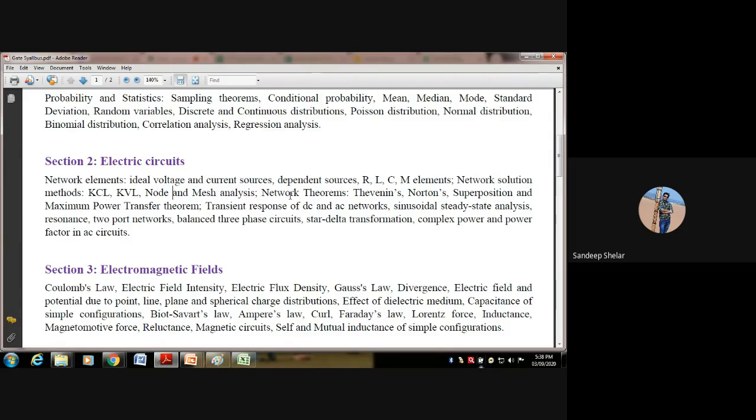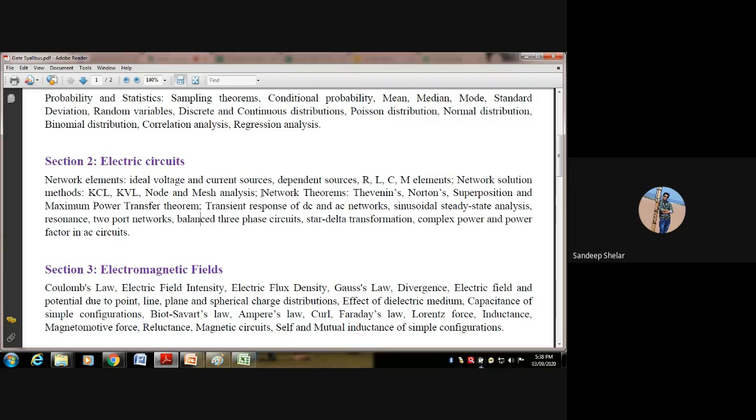Then in the next lecture we will conclude based on Thevenin's theorem, Norton theorem, superposition theorem, and maximum power transfer theorem. Okay. Also, transient response of DC network and AC network. Okay, this is the syllabus of the electrical circuit.